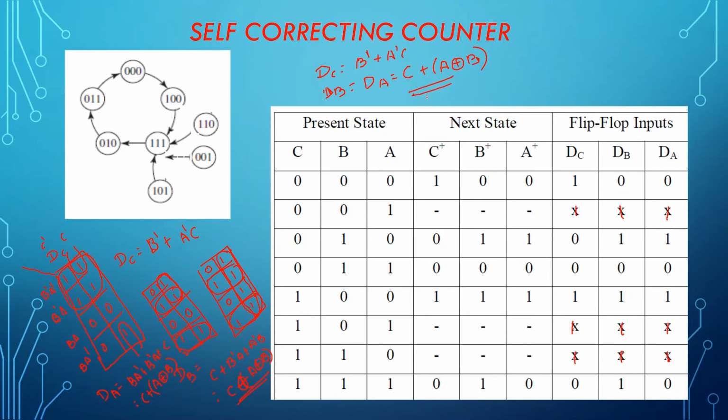Based on these equations, you can write the circuit diagram, isn't it? You can write it taking the respective D flip-flops. So what we'll do is, we'll try to write the circuit diagram corresponding to these equations we have obtained.